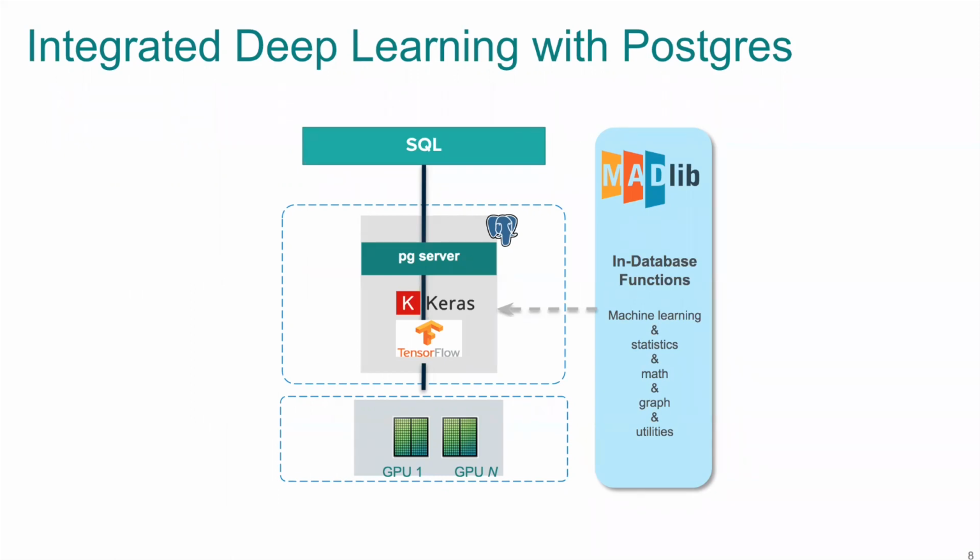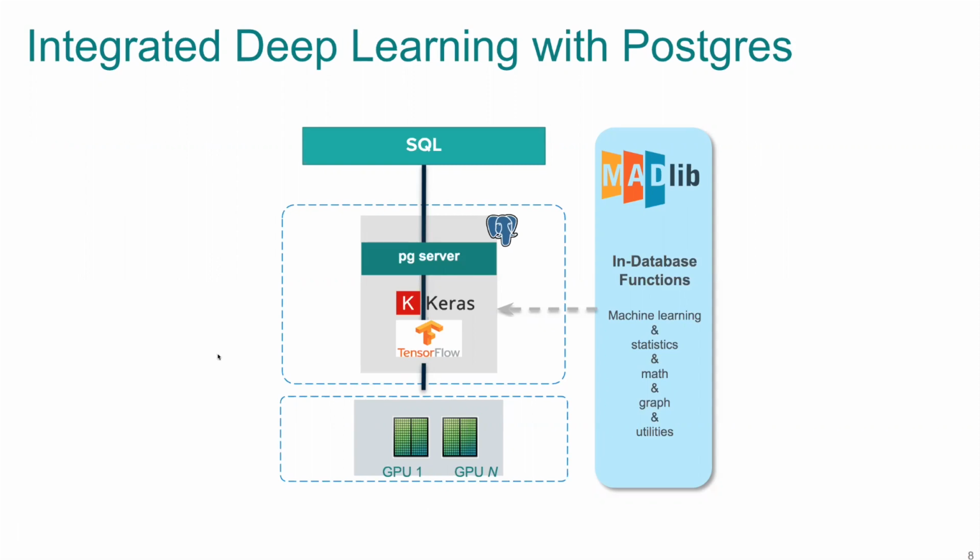As long as you have Keras and TensorFlow installed, the modules in MADlib 1.16 should be able to use Keras and TensorFlow as a backend to run deep learning modules, and also use the GPUs in your database machine for acceleration and computation.